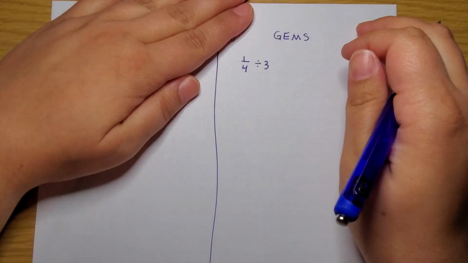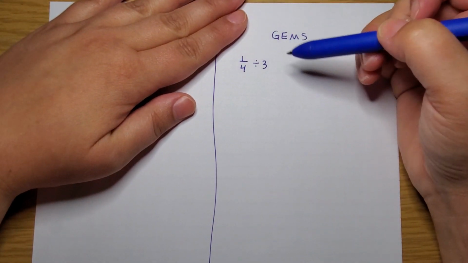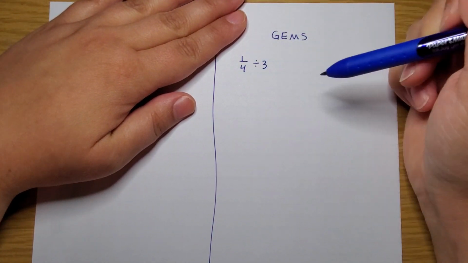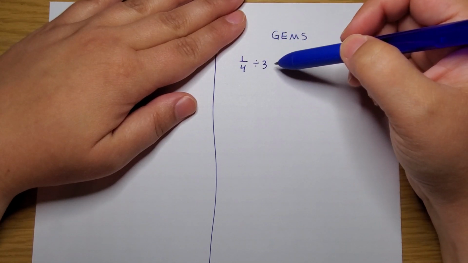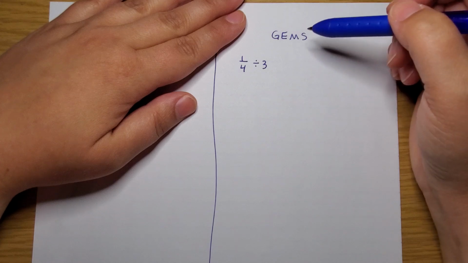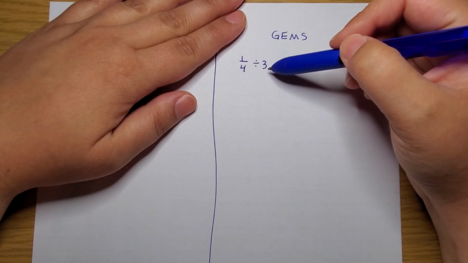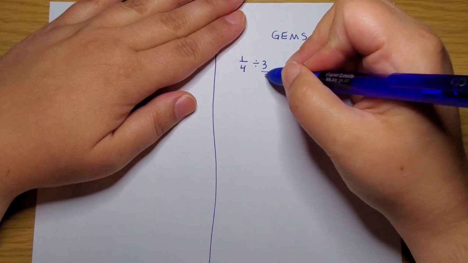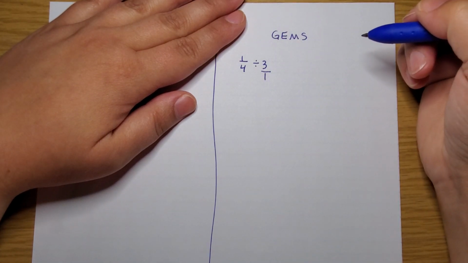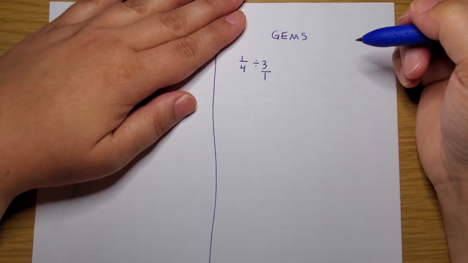Okay, cover up the big scary problem and let's just look at this single operation. We're doing 1/4 divided by 3. First thing I notice is that I've got a combination of fractions and whole numbers. So let's make this whole number a fraction by putting it over 1, so everything's got kind of the same format.